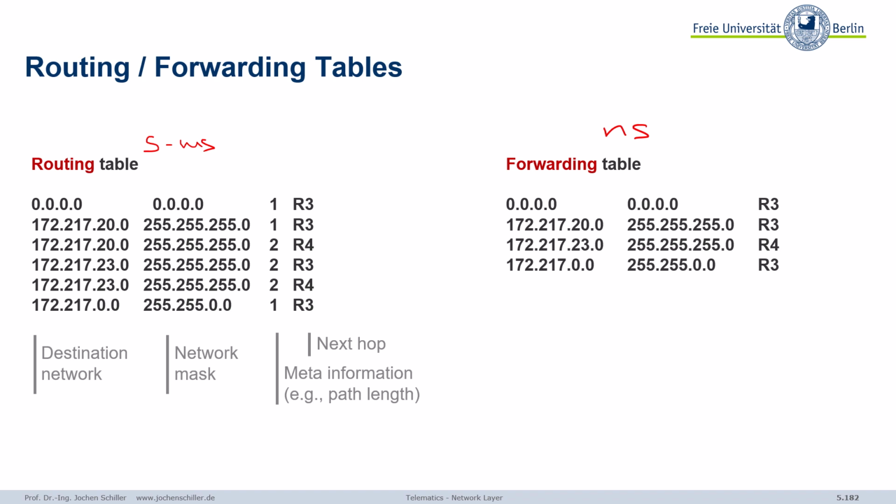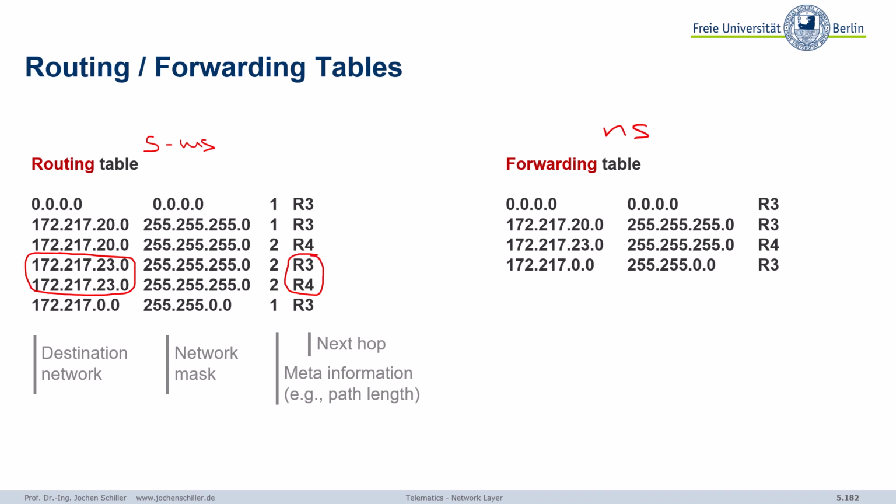In the routing table, you will find the list of all possible destination networks, or all the networks the router knows, and then possible choices for next hops. For example, for this network, you have two choices. You can go via router 3 or router 4.